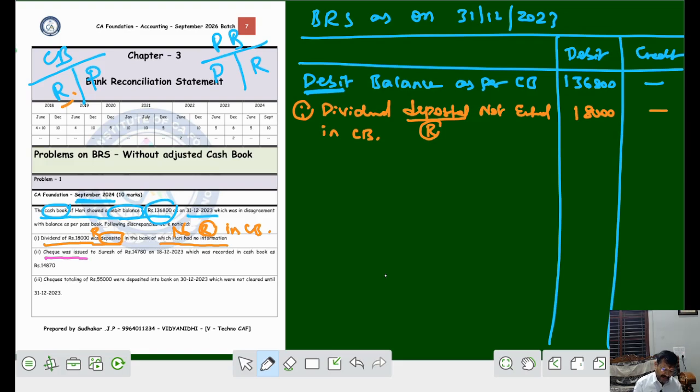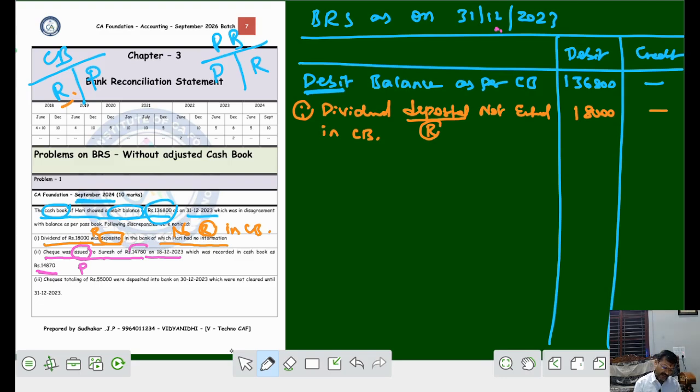Checks were issued to Suresh of rupees 14,780. So, my dear children, we have an issue. Issue means payment. How much? 14,780 on 18th December, which is within our time period, which was recorded in the cash book as 14,870.